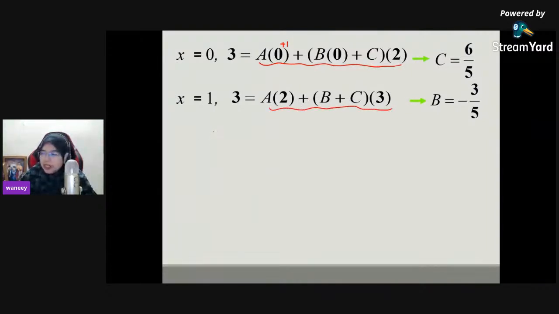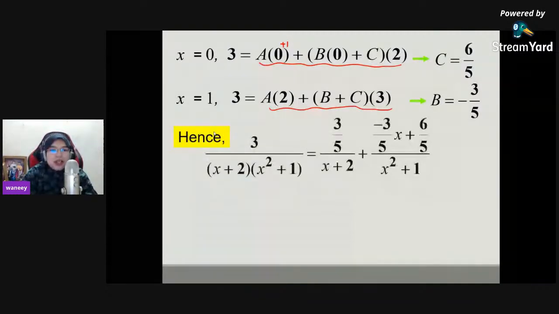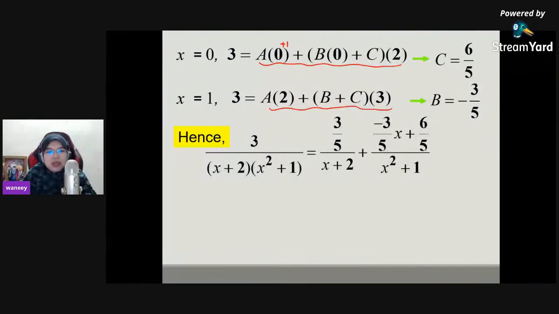Okay, so now once you have the value for the a, the b and the c, simply substitute. Okay, so we are going to have 3 over x plus 2, x squared plus 1 equal to 3 over 5 over x plus 2, negative 3x over 5 plus 6 over 5 over x squared plus 1. But this one doesn't look very nice, doesn't look very beautiful because over here we got something with a fraction.